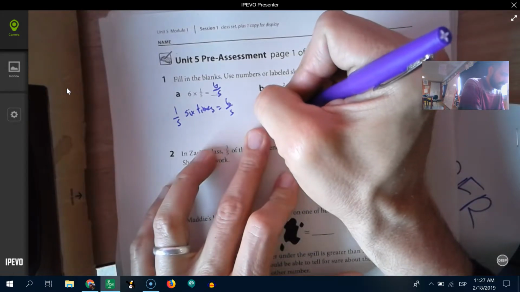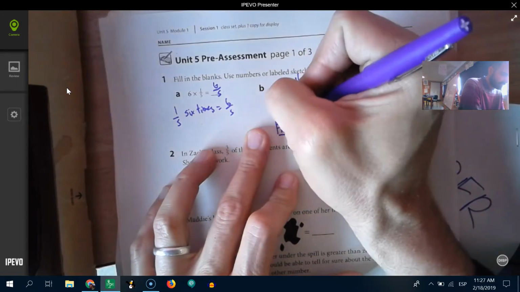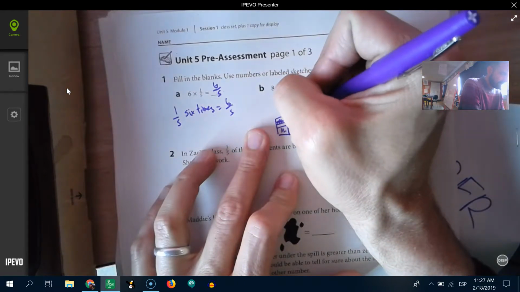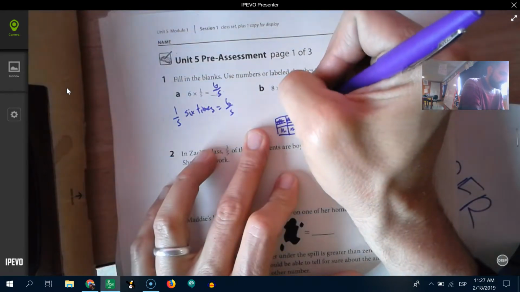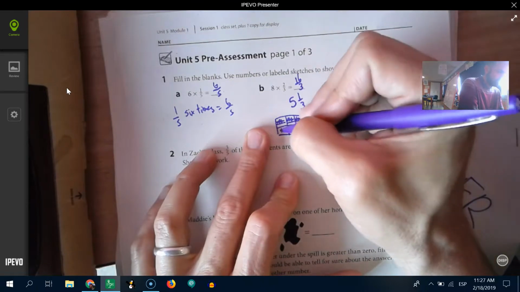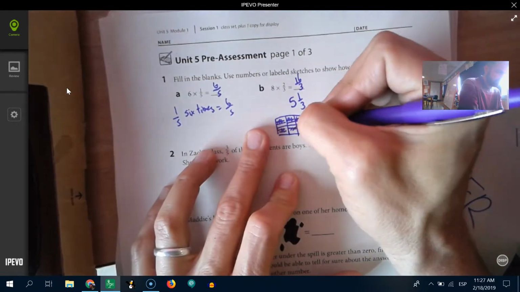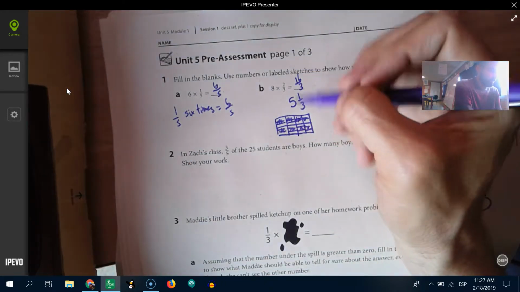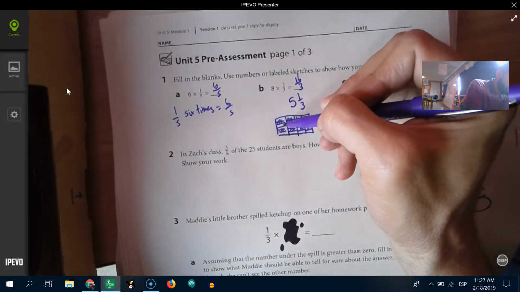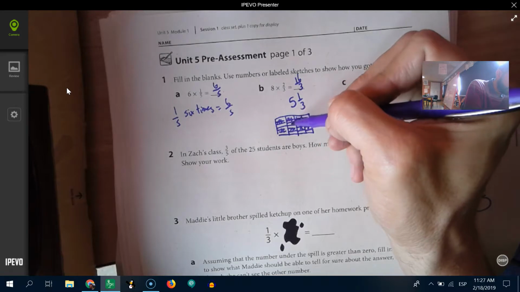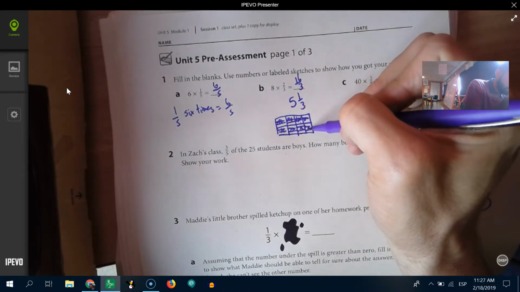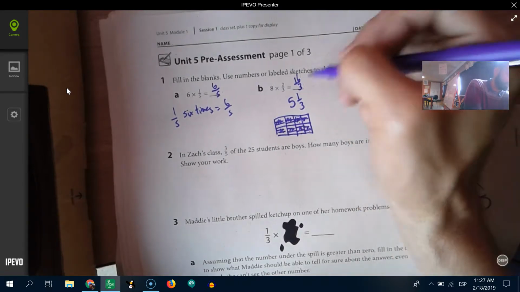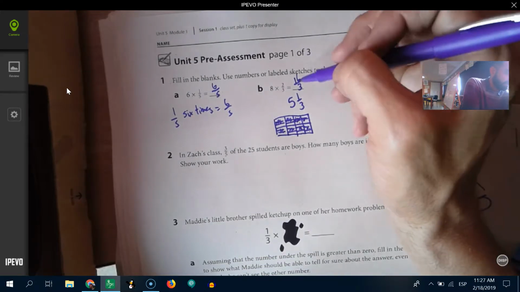So I could break everything into thirds. Now if I'm just looking at 2 in each one, 1, 2, 3, up to 16. So 16 of the thirds would be 2/3 of 8.